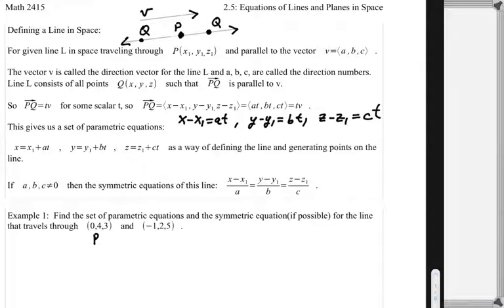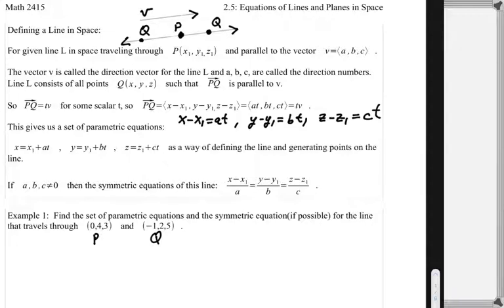So we're going to find the set of parametric equations and the symmetric equation, if possible, for the line that travels through the point (0, 4, 3), which we'll label P, and the point (-1, 2, 5), which we'll label Q. Okay, so in order to come up with the equation of a line, we need a point and then a direction vector. So we have 2 points. It doesn't matter which one we use.